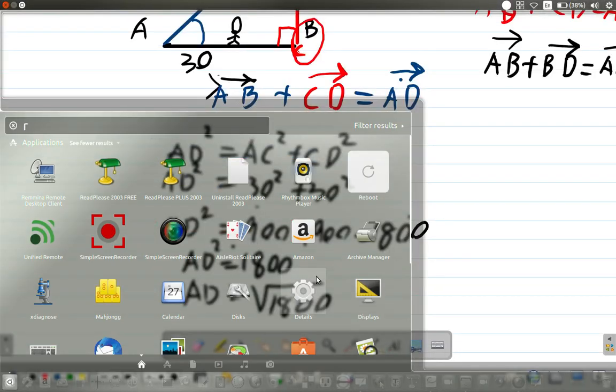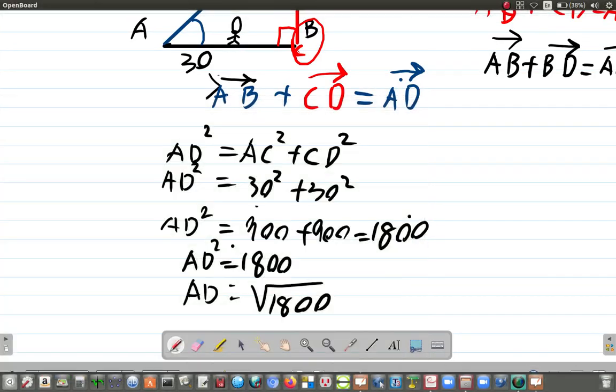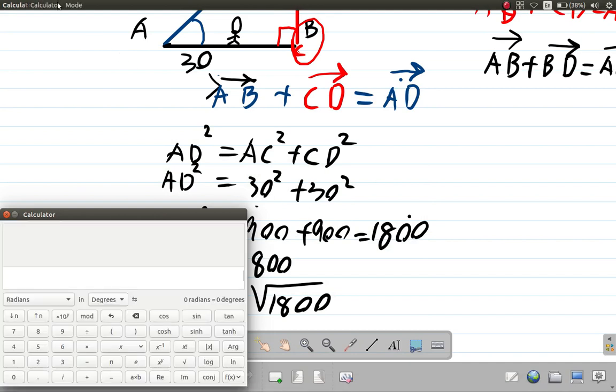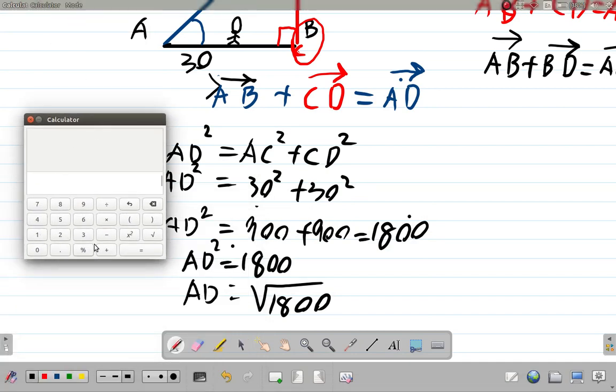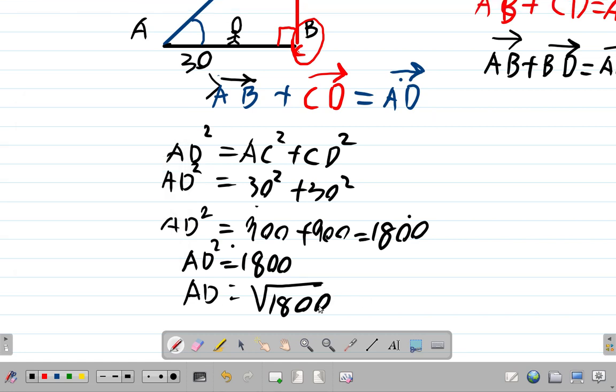Let us use our calculator to find the square root of 1800. You could put it in basic mode for now. The square root of 1800 equals 42.4. To one decimal place, it is 42.4 units. So you see, the resultant is 42.4 units.